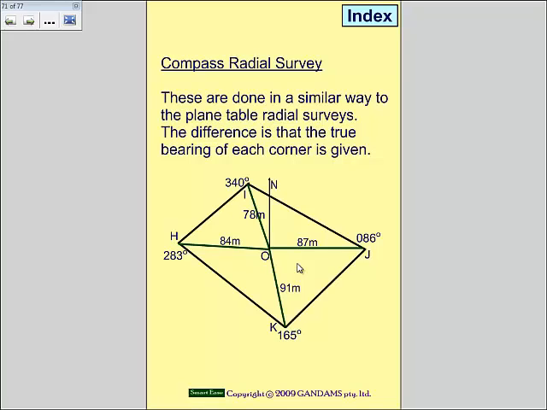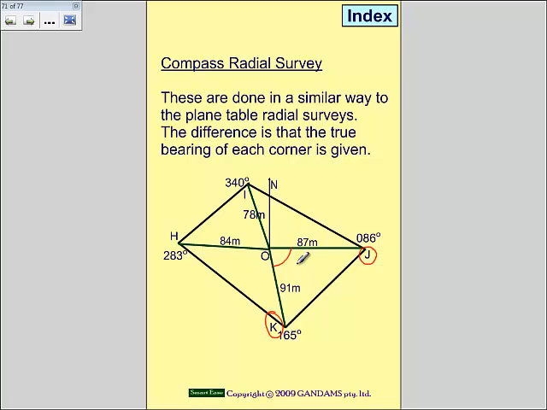I'll start with this red angle here. So you can see that at point J, you are 86 degrees around from north, and at point K, you are 165 degrees away from pointing north. So naturally, the angle between them is just the difference between those two numbers.